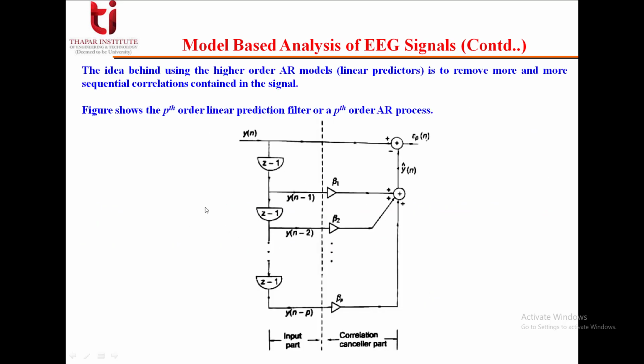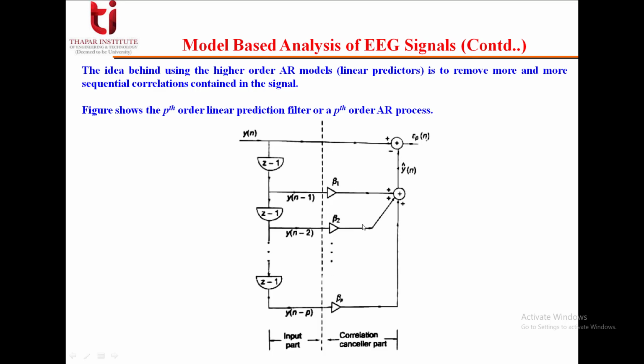The idea behind using higher order AR models, mainly the linear predictors, is to remove more and more sequential correlations contained in the signal. This figure shows the pth order linear predictor, or pth order AR process. These y of n minus 1, y of n minus 2, all up to y of n minus p are the input part, and we multiply them with these beta parameters and finally subtract.